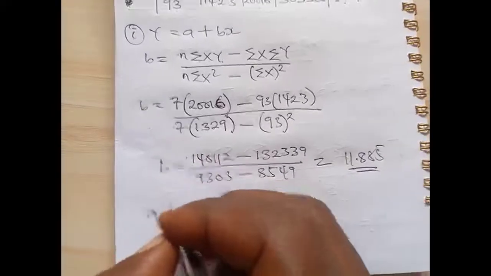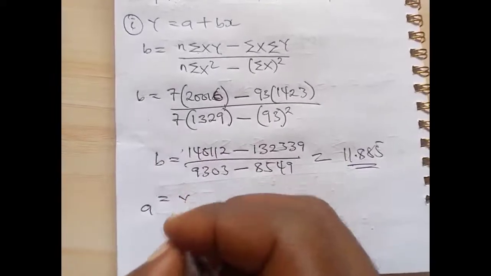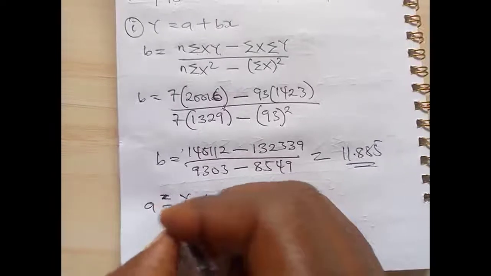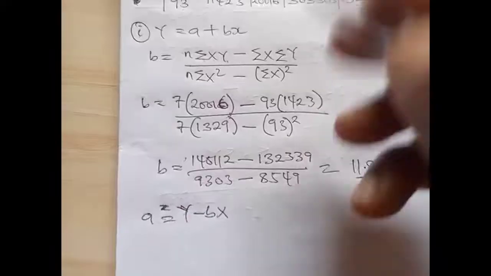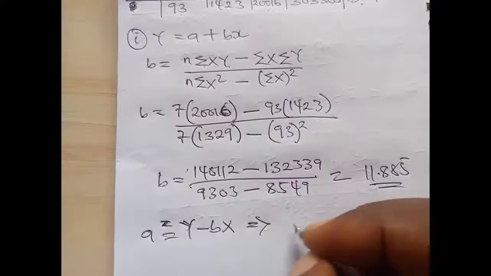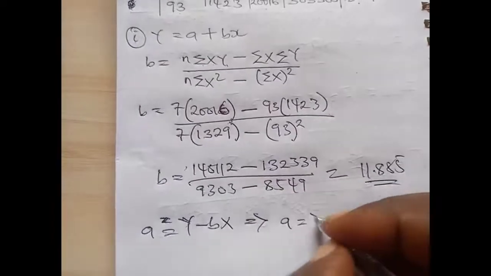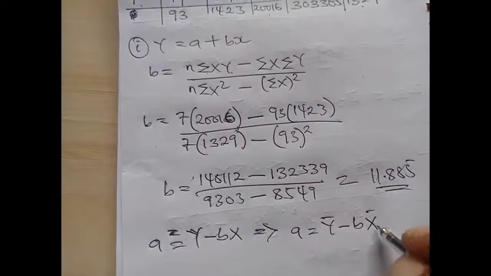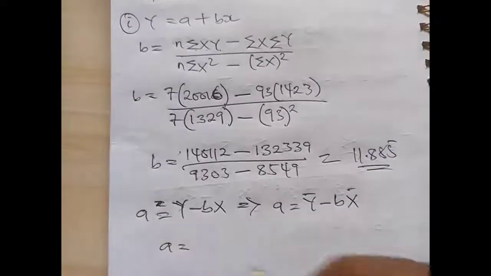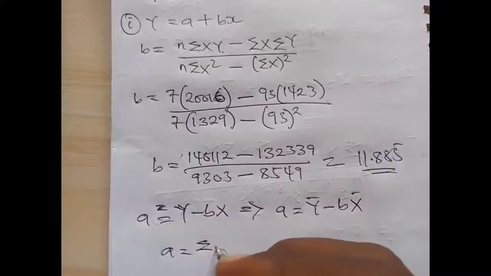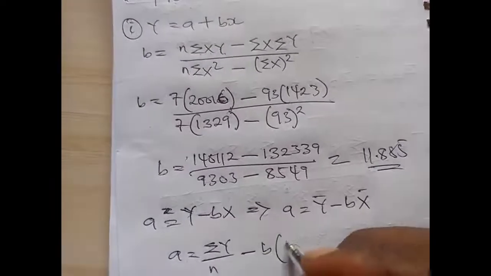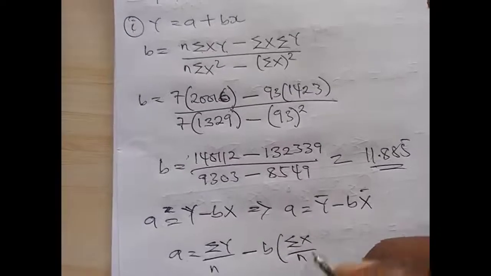Now we need to get our a. Our a, if we make it the subject of the formula, becomes y minus bx. Since y is many and x is many, we can transform it and say a is equal to y bar, the mean of y, minus b times x bar, the mean of x. Remember that to get the mean, it is summation y over n, minus b times summation x over n.